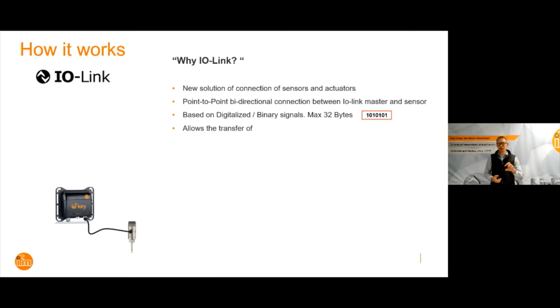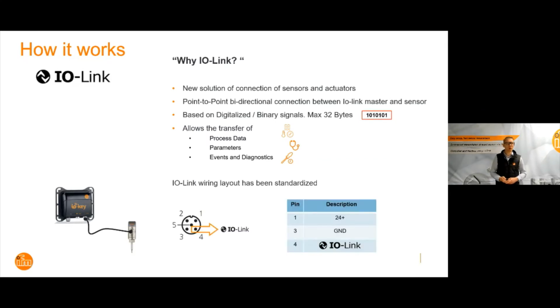So this digitalized signal allows the transfer of a few important things for us: process data from the sensor. So some sensors, for example, might offer more than one process value, for example, flow and temperature, and that is sitting inside this digitalized signal. We can transfer parameters on IO-Link from the sensor, and we can also transfer events and diagnostics for fault finding and real-time maintenance type of approach when we're dealing with sensors.